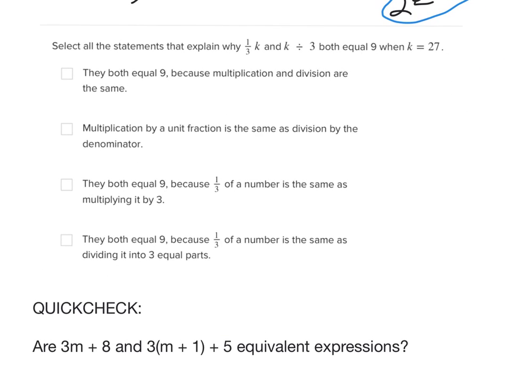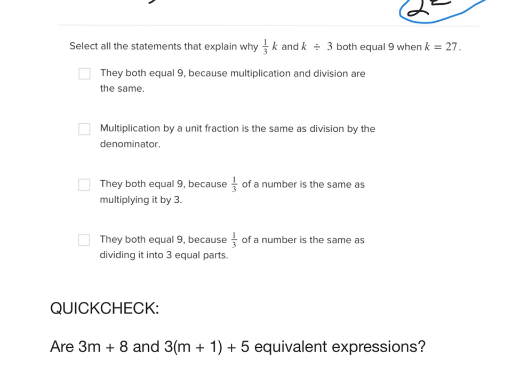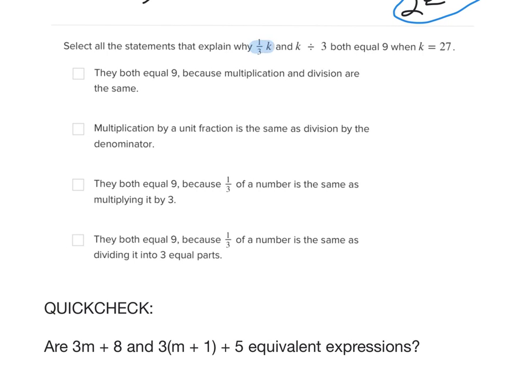Next example. Select all the statements that explain why 1/3 k and k divided by 3 both equal 9 when k equals 27. Okay, so yes, they would both equal 9 when k equals 27. So let's look at the first possible answer. They both equal 9 because multiplication and division are the same. Well, multiplication and division are not the same. They're similar.